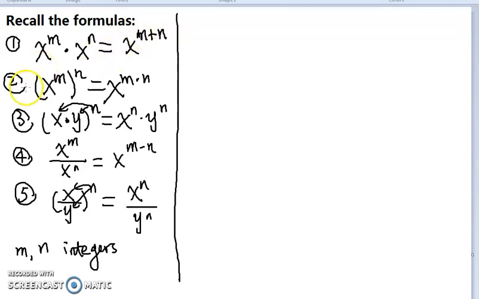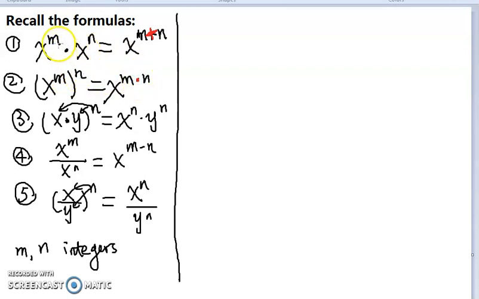And what if we raise x to the mth and then raise the mth power to the nth? We have to multiply the exponents. So the first two are easily confused. And the tip I gave you in class before is, if you have those two exponents, m and n, right beside each other, we actually call it a power of a power, because you raise one power to another power, and we multiply these two powers.